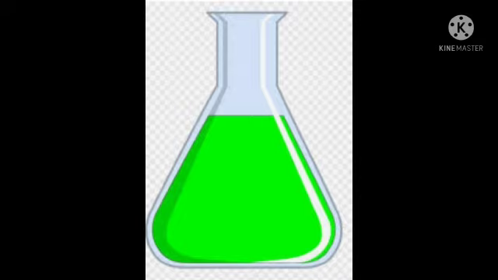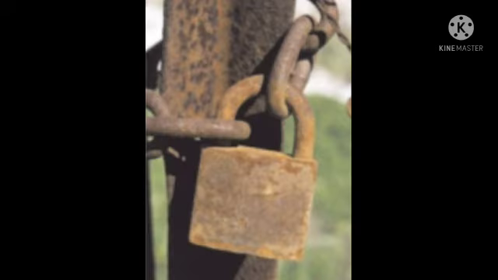The first one is reddish brown deposition on iron objects. You all know that reddish brown deposition on iron objects. You must have seen that if you leave an iron object such as an iron lock out in the rain, a reddish brown layer is deposited on its surface after a few days.